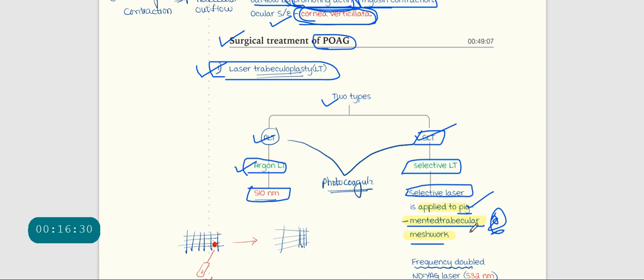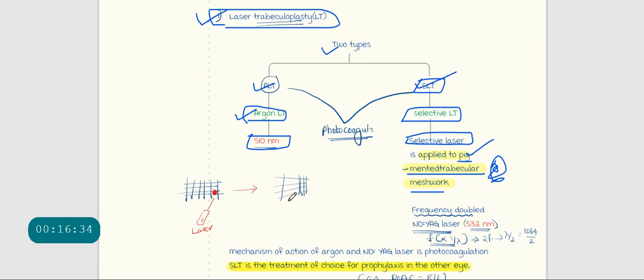Okay, now the laser used in selective laser trabeculoplasty is the frequency doubled Nd:YAG laser, which has a wavelength of 532 nanometers.